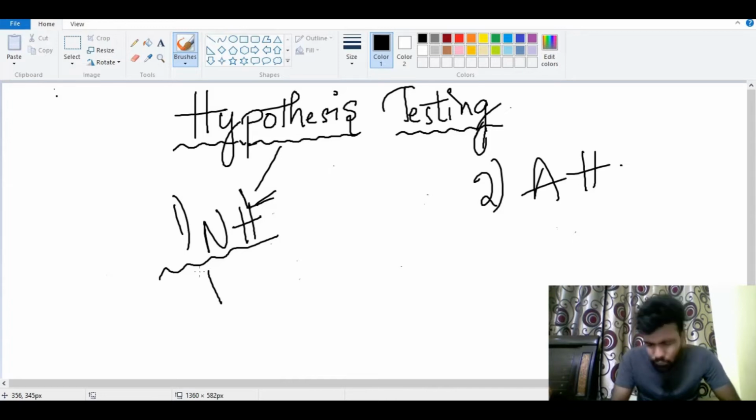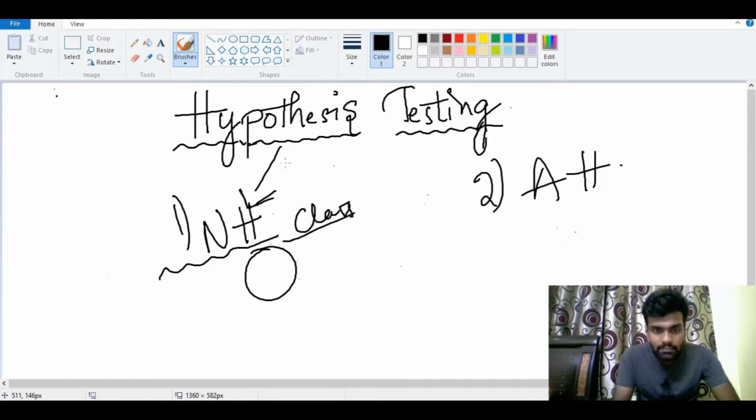Let's understand this with an example. Let's say you have two groups, and let's take this as a class, where these are the boys and these are the girls.